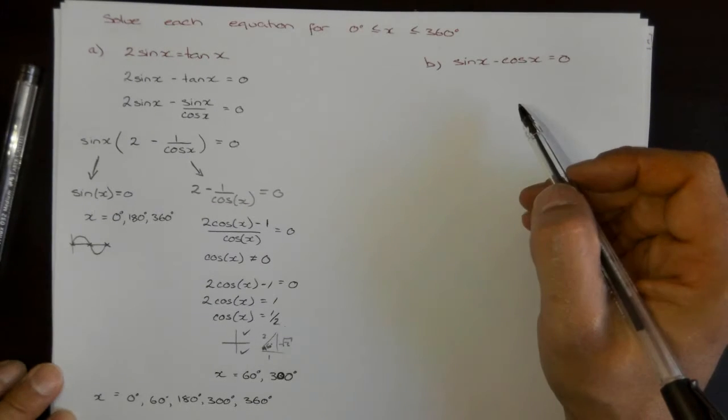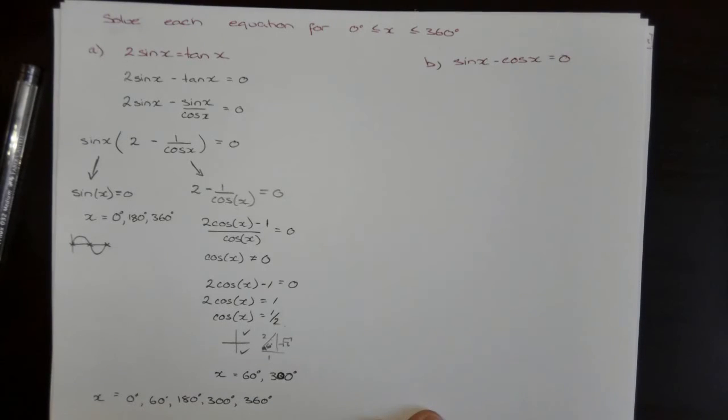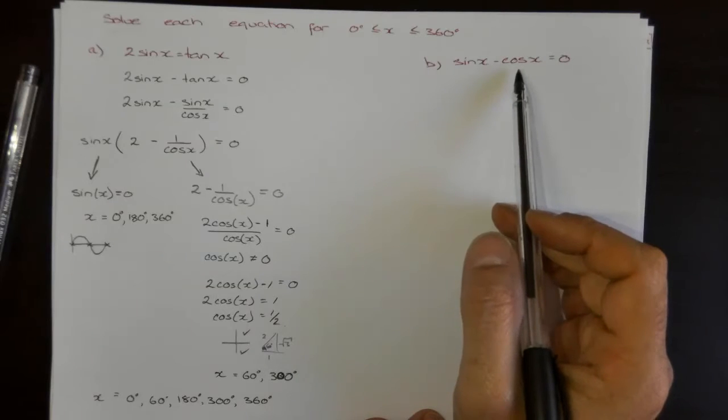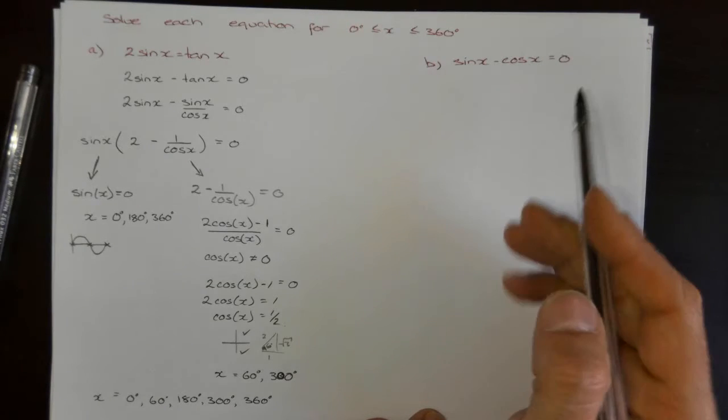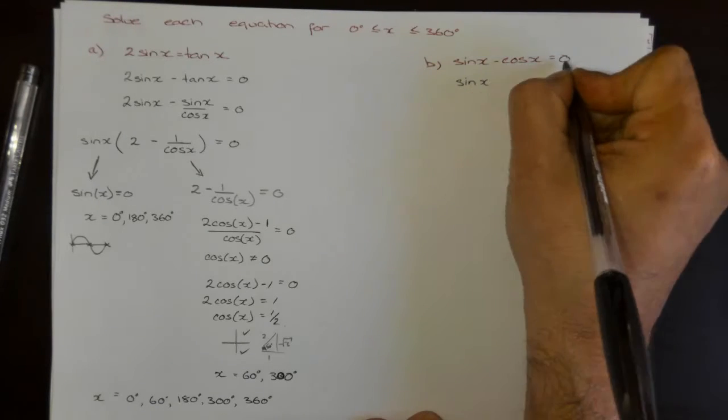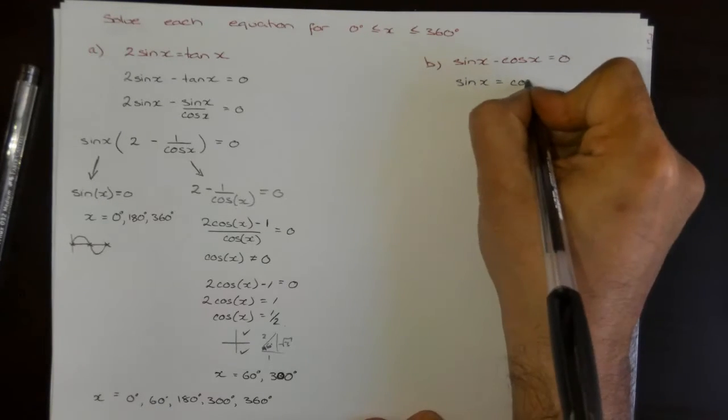Let's look at our second example. We get sine of x minus cos of x equals 0. Okay. Once again, I want to just have one function, and unfortunately we have two. So what I can do in this case is bring that over here: sine x equals cos x.